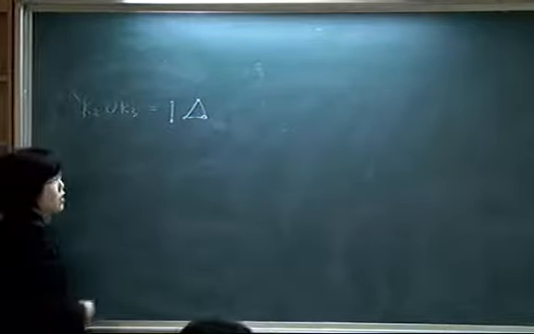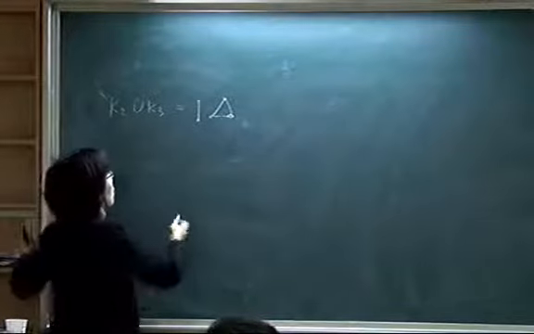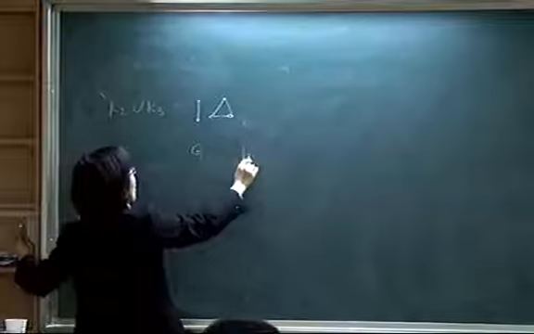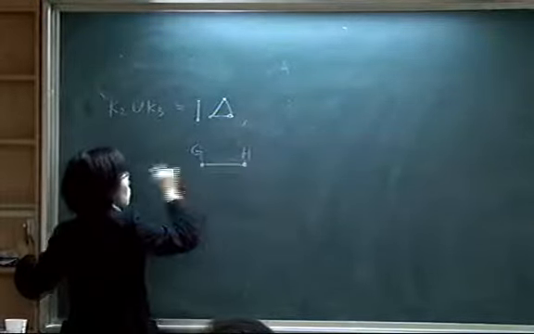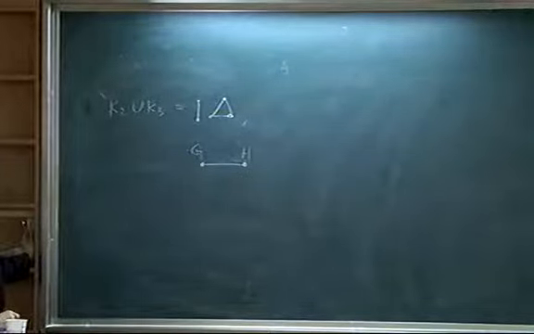And G join H means a join of G and H. So you have the disjoint union of G and H, and then you choose one vertex of G and one vertex of H and put an edge in between them. So you can choose any vertex of G and any vertex of H.